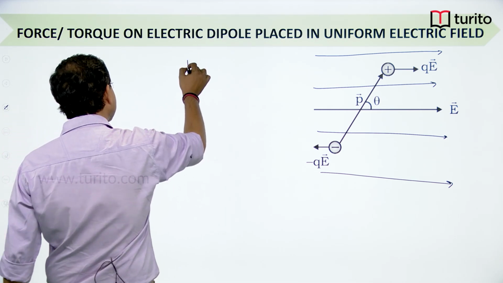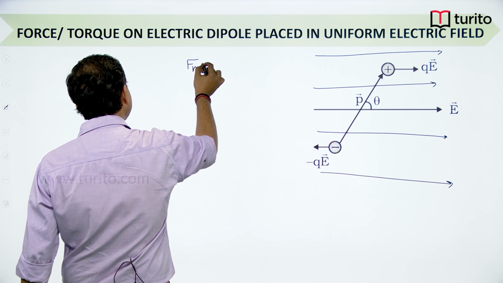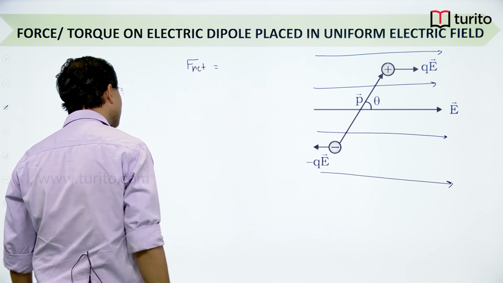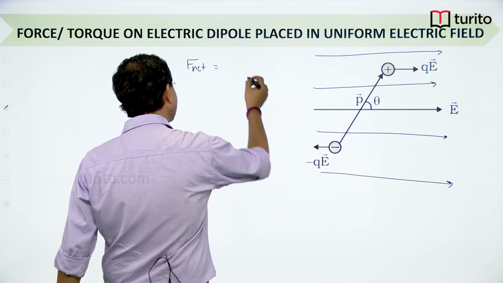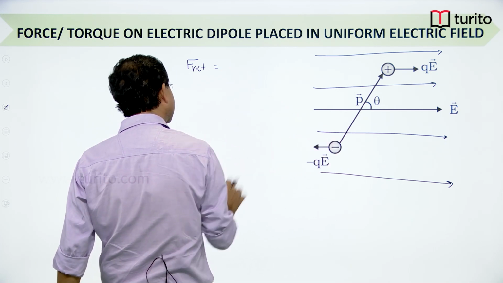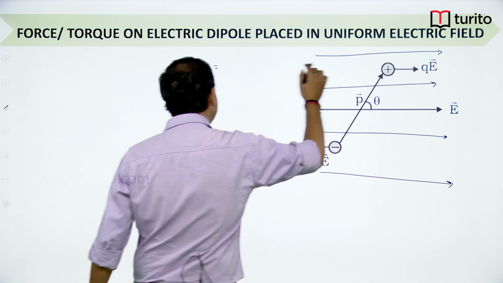So if I write the net force, this is experiencing QE in the negative x direction and this is experiencing QE in the positive x direction.